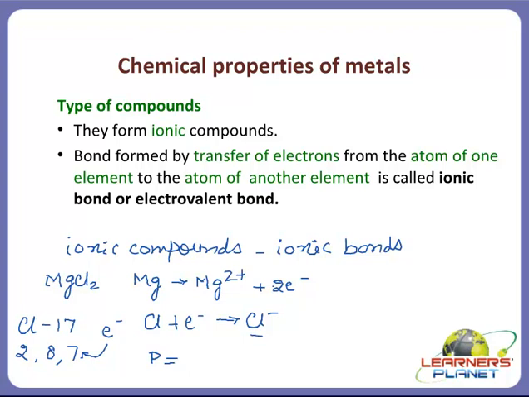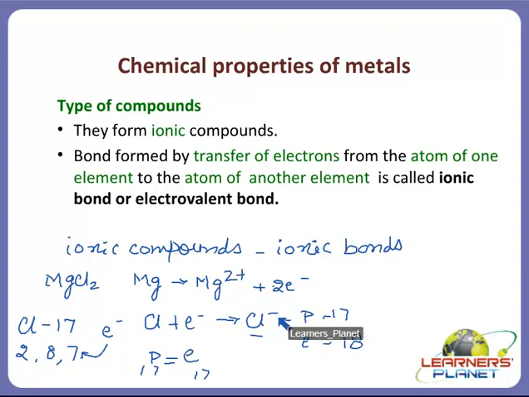Okay? Now children, as it is equal, how many protons and electrons would have been in chlorine? It should have been 17 and 17. Now in the chlorine ion, what has it done? It has accepted one electron. So, how many protons and electrons will it have? It will have 17 protons, and 1 electron it has gained, so it will have 18 electrons. That is why we put a negative charge over here.